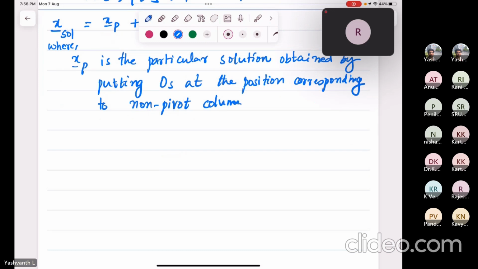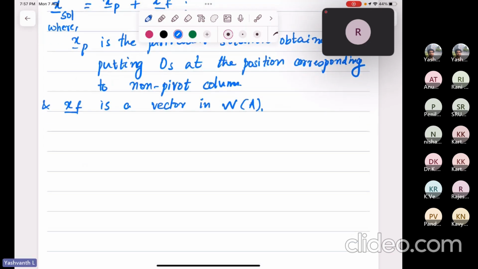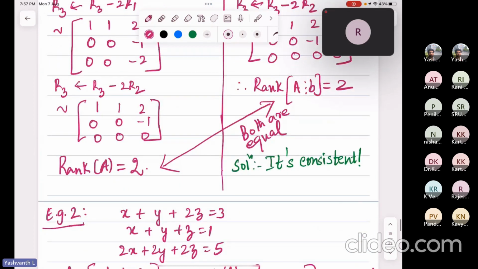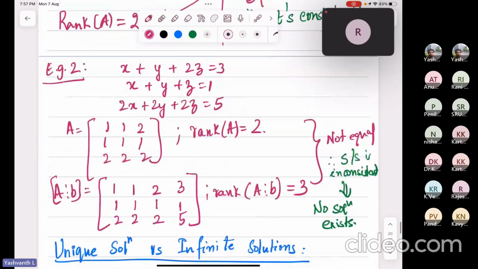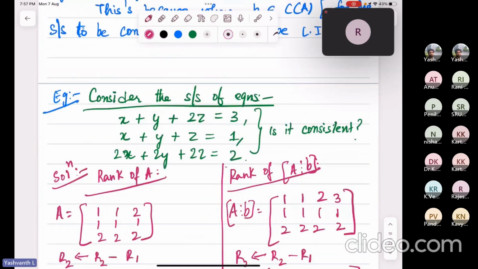Then XF is a vector in the null space of A. Okay. Now let me give an example and explain. What do I mean by this? Let AX equal to B with A equal to the same example I'm taking, the consistent system with infinitely many solutions.